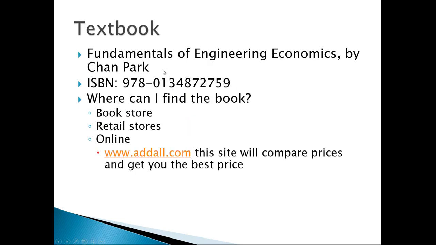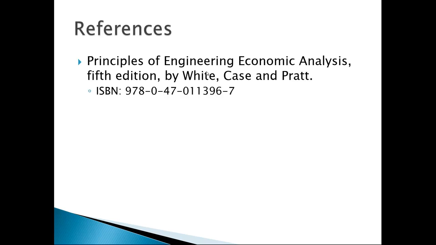The textbook is required. It's called Fundamentals of Engineering Economics by Chan Park. You can find the book in the bookstore or online. You can buy used ones if you have to; there should be some used ones that are lower cost. You can use as a reference Principles of Engineering Economic Analysis, 5th edition by White, Case, and Pratt.